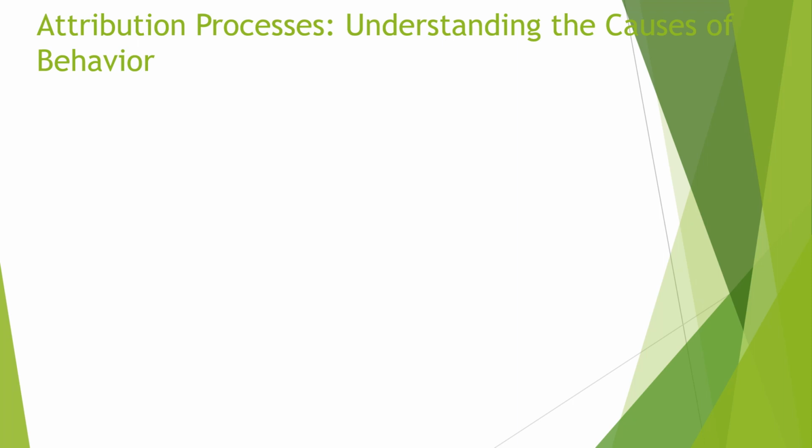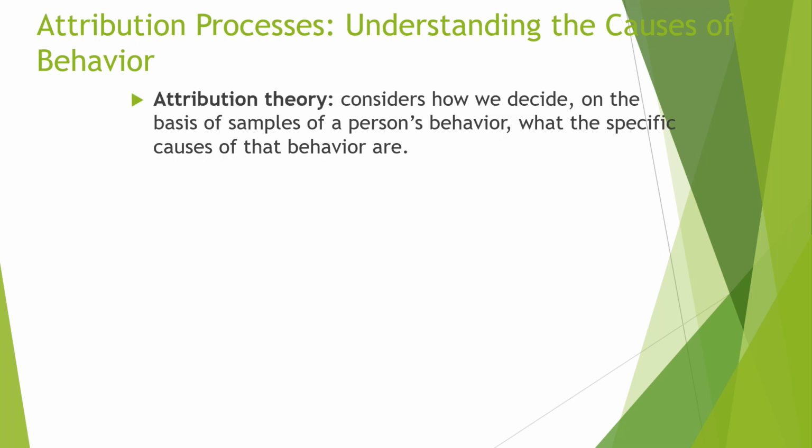Attribution processes are understanding the causes of behavior, and we have what is called attribution theory. This considers how we decide, on the basis of samples of a person's behavior, what the specific causes of that behavior are. So what are we attributing their behavior to, right? That's what we talk about with this attribution process.